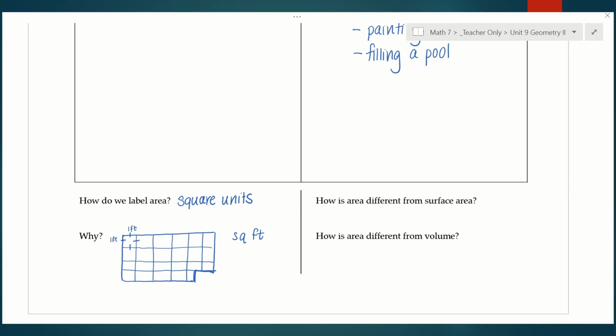Okay, so how is area different from surface area? So I kind of mentioned this before. So area is for two-dimensional shapes, so flat objects. Where surface area is for three-dimensional shapes.